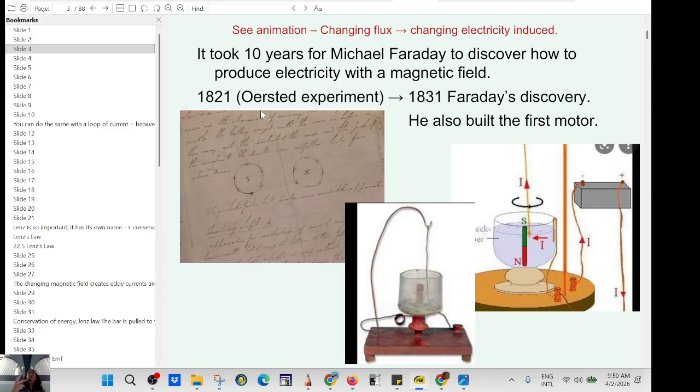How can we produce electricity using magnetism? It was not that obvious, because it took 10 years to understand how to produce electricity using magnetism.